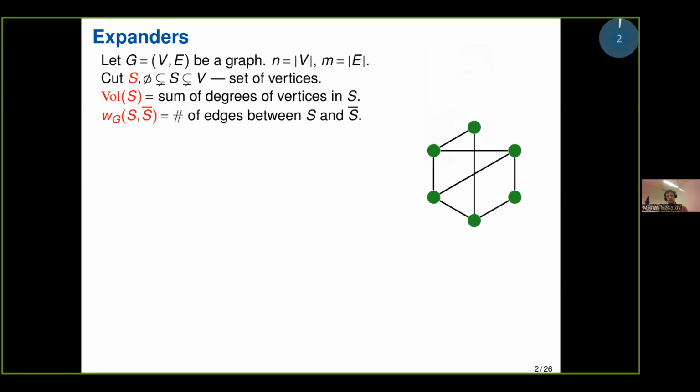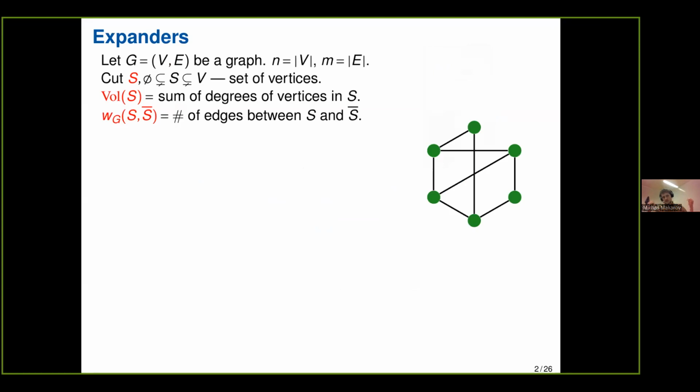To understand what expander decomposition is, first I need to introduce some definitions. We say that G is a graph on n vertices and m edges, and for this graph G, a cut S is just some subset of its vertices.